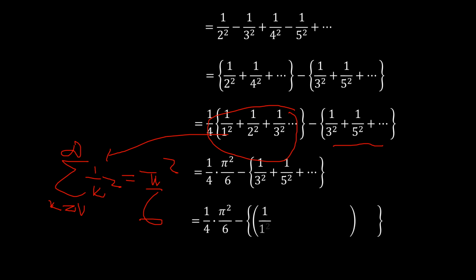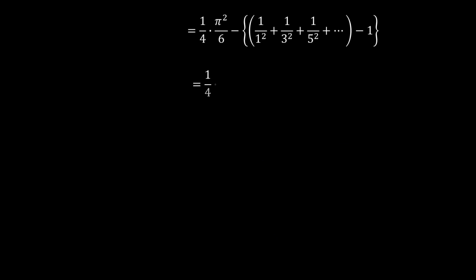So how we solve that, since we know that the even terms here amount to a quarter times the Basel problem constant. So we know this is the odd terms minus the value when k equals 1. So in order to compensate for that, we've added 1 here and then we've subtracted 1 on this other side. So what then happens is we have a quarter times pi squared over 6 and so on.